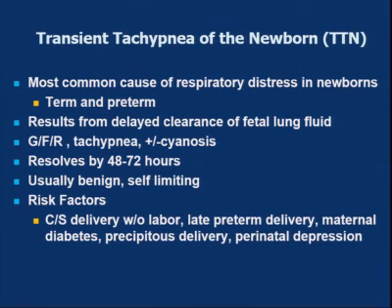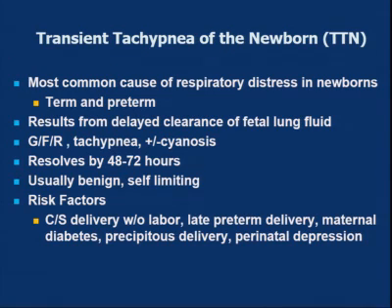Transient tachypnea of the newborn is the most common cause of respiratory distress in newborns, term and preterm. It results from delayed clearance of fetal lung fluid. It presents with obviously the typical signs of respiratory distress: grunting, flaring, retractions, tachypnea, plus or minus cyanosis. These babies' sats were in the 80s and low 90s, and I want you to remember, it's very difficult to tell when a newborn is cyanotic.